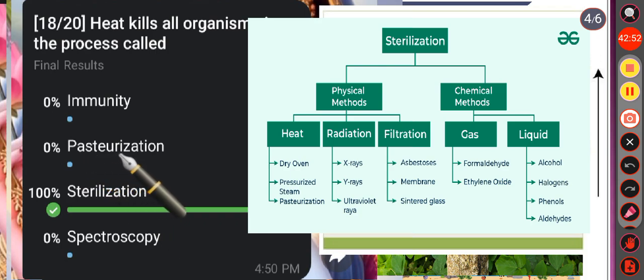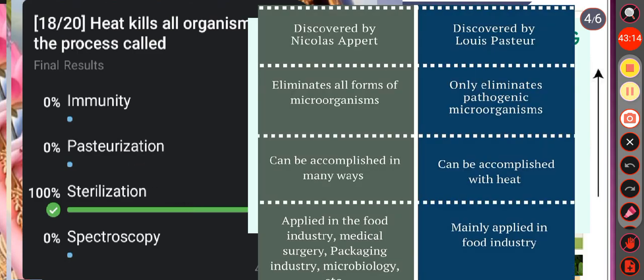Here another term, that is pasteurization. What is pasteurization? Pasteurization is a process that involves heating food or drinks to kill harmful bacteria and pathogens. It is named after the scientist Louis Pasteur, who invented this process in 1864. What is the difference between sterilization and pasteurization? Remember, sterilization eliminates all forms of microorganisms, but pasteurization only eliminates pathogenic microorganisms.